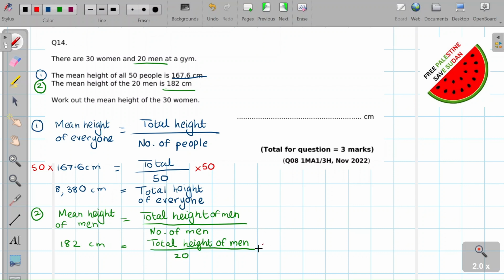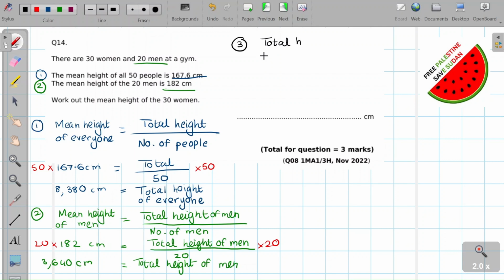And then I'll multiply by 20 both sides. 182 times 20 is 3,640 centimeters.